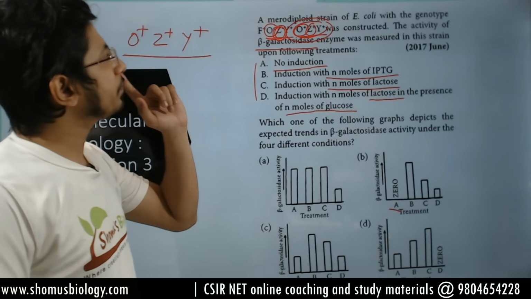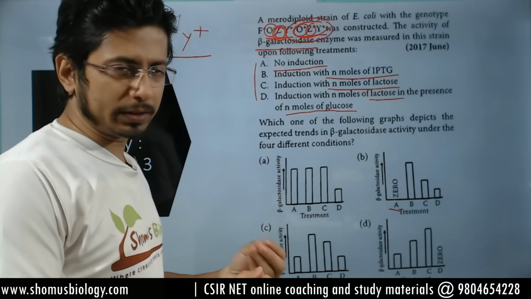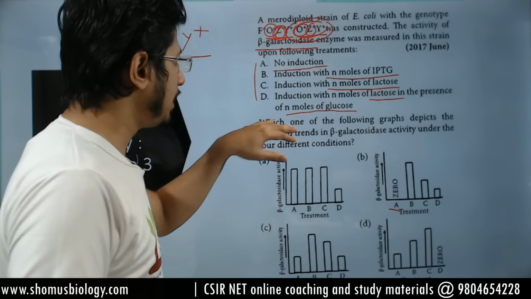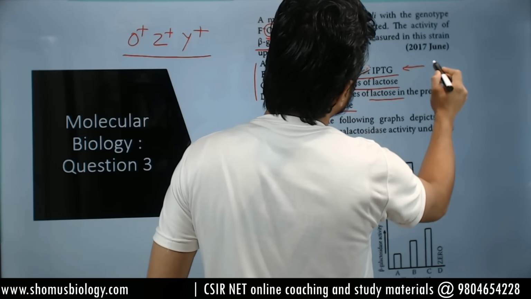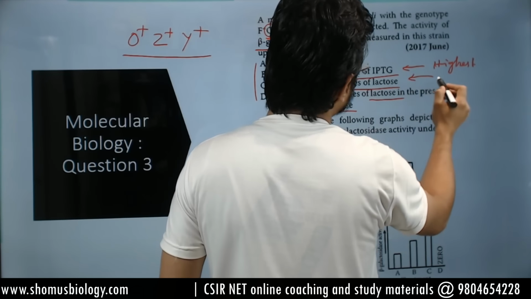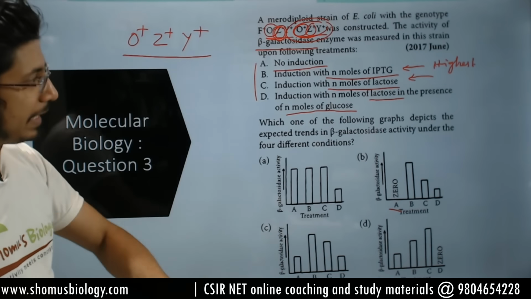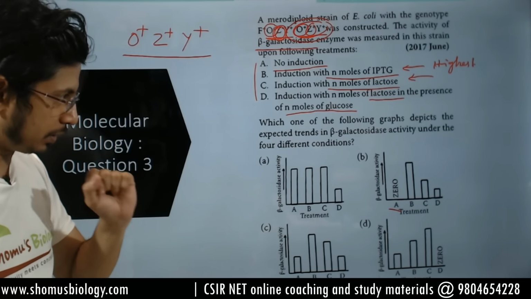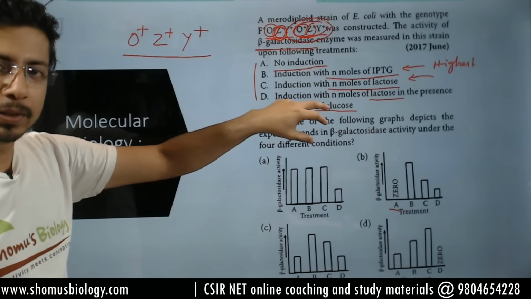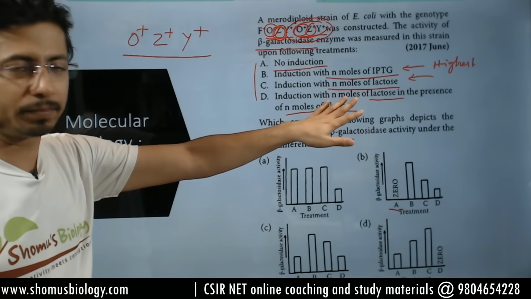Next goes the induction with IPTG. Of course, if you induce with IPTG, the production will be highest among all, and then a little less when we put lactose as an inducer, and even lesser if you put lactose and glucose both, because if they work together, first they will utilize glucose, then they will utilize lactose, so they will take some time.